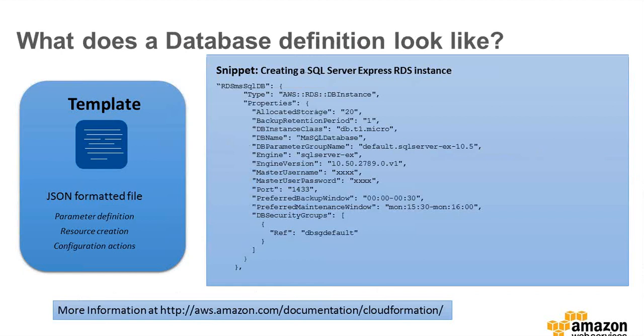Furthermore, what if you wanted to deploy a database? Well, you could leverage the Amazon RDS service, the database as a service, in this case for Microsoft SQL Server. As you can see, I'm allocating 20 gigs of storage. I want a backup retention of 1 day. I'm going to run it on a very small T1 micro baby-sized virtual machine, and I'm going to use the Microsoft SQL database engine.